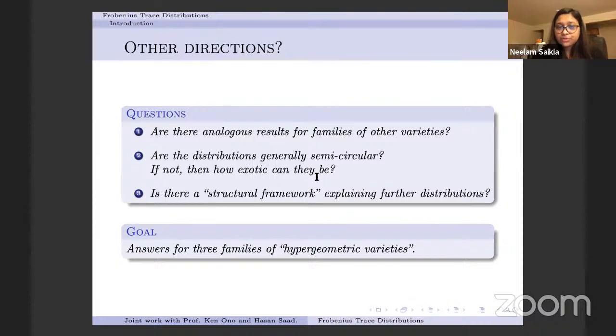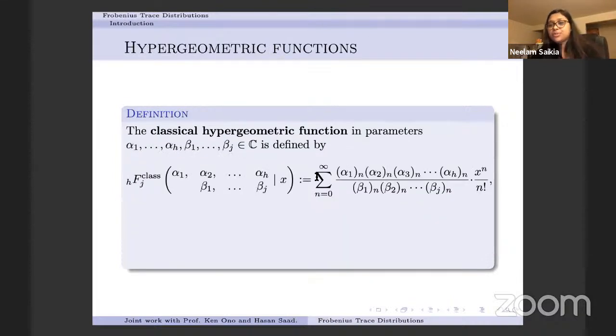So first we define what a hypergeometric function is. This hypergeometric function is a formal power series. If we have these numbers alpha 1, alpha 2, up to alpha h, and beta 1, beta 2, up to beta, and these are complex numbers, then we define this hypergeometric function in the classical setting as this formal power series.